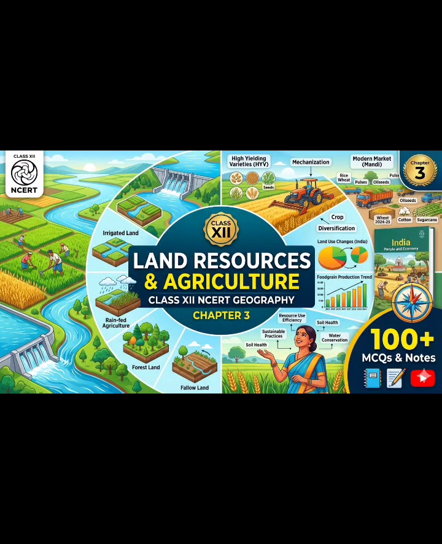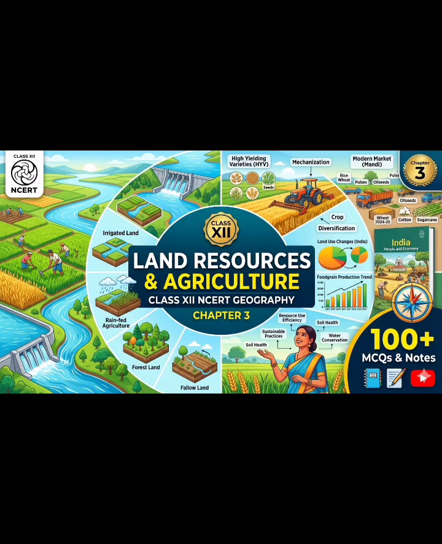Genetically improved varieties of seed, relatively high usage of fertilizers and pesticides, and lower susceptibility of crops to pests due to dry climatic conditions are responsible for the higher yield of rice in this region. The yield of this crop is very low in rain-fed areas of Madhya Pradesh, Chhattisgarh and Odisha.